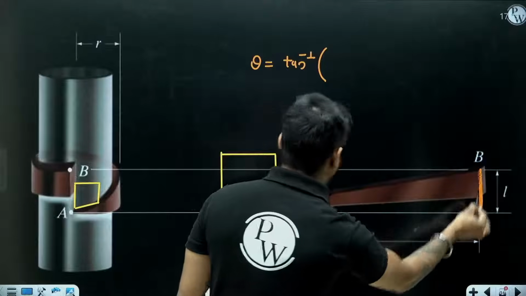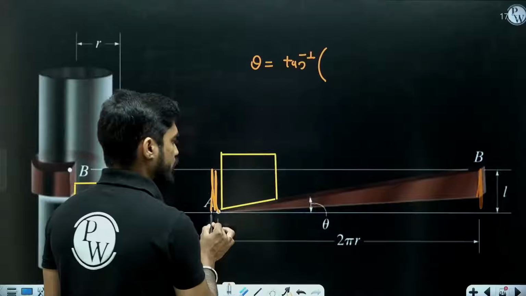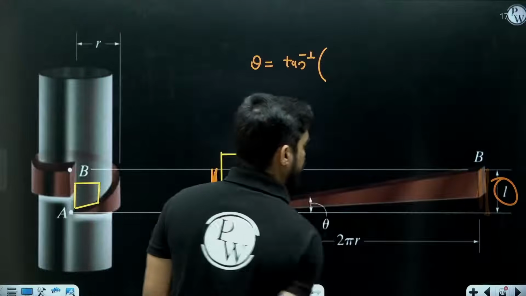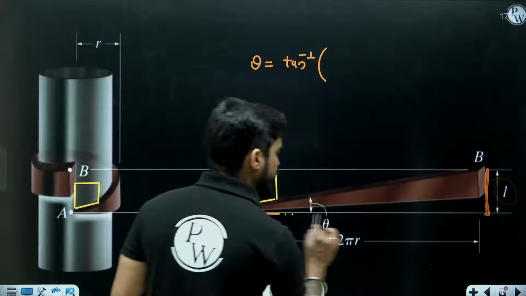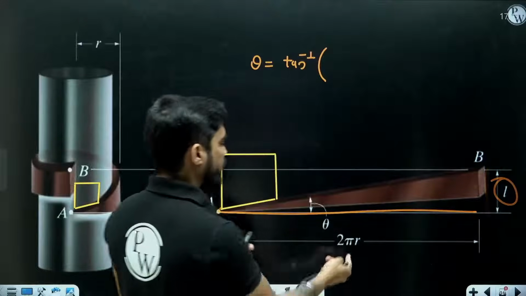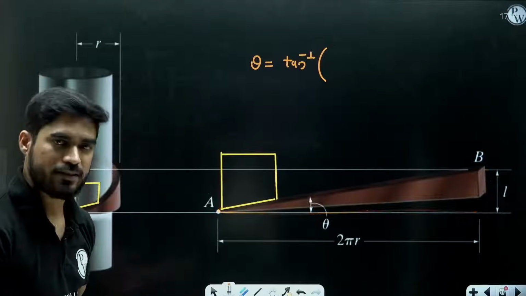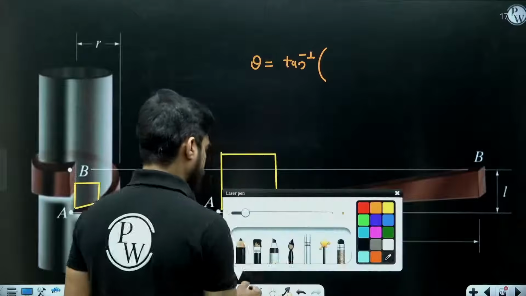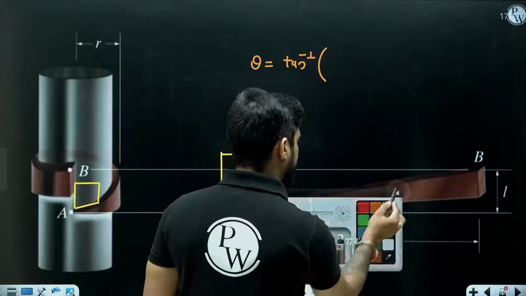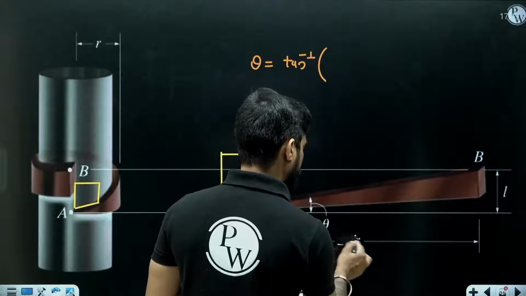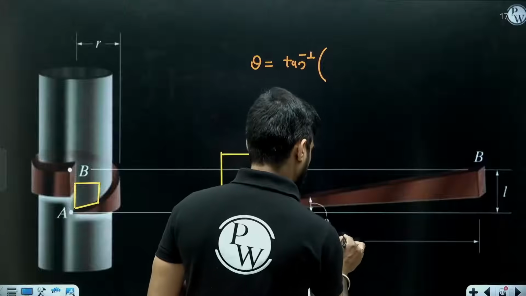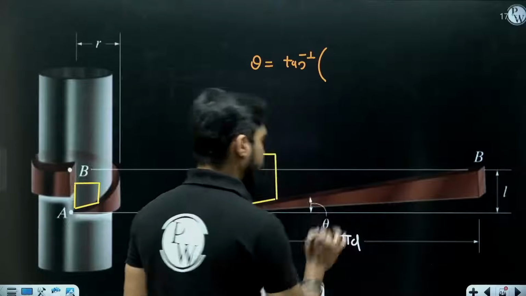So what is this? From A to B, what is the height? This height is equal to the lead L, and this will be 2 pi r, where r is the mean radius. You can also write it pi d, mean diameter.